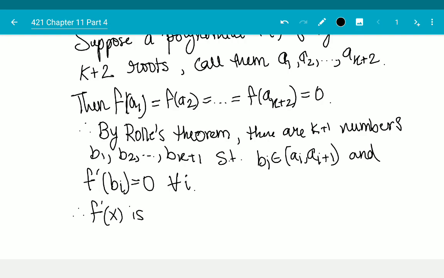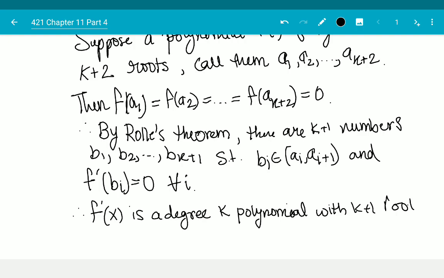Therefore, f prime of x, well, we know how to take derivatives of polynomials, is a degree k polynomial with k plus 1 roots, which are b1 to b(k+1). Contradiction.